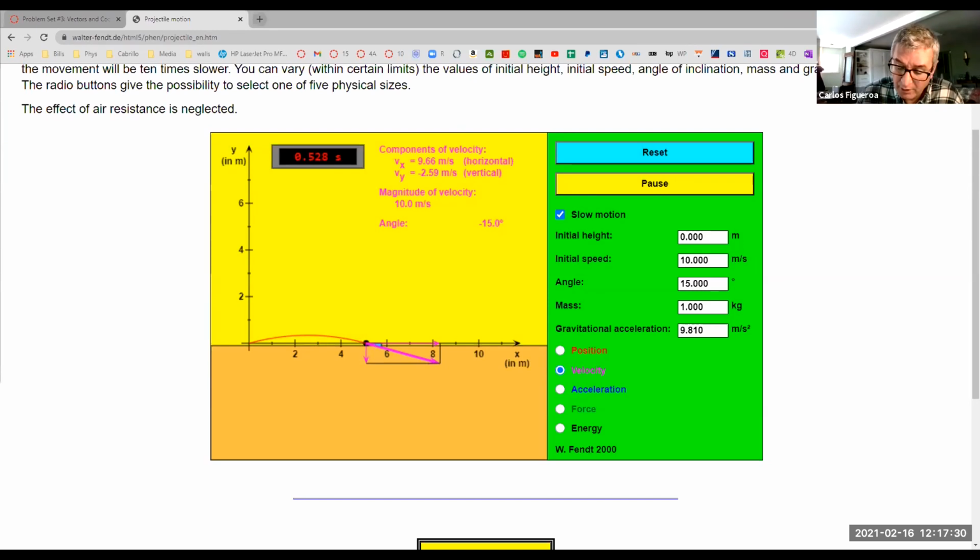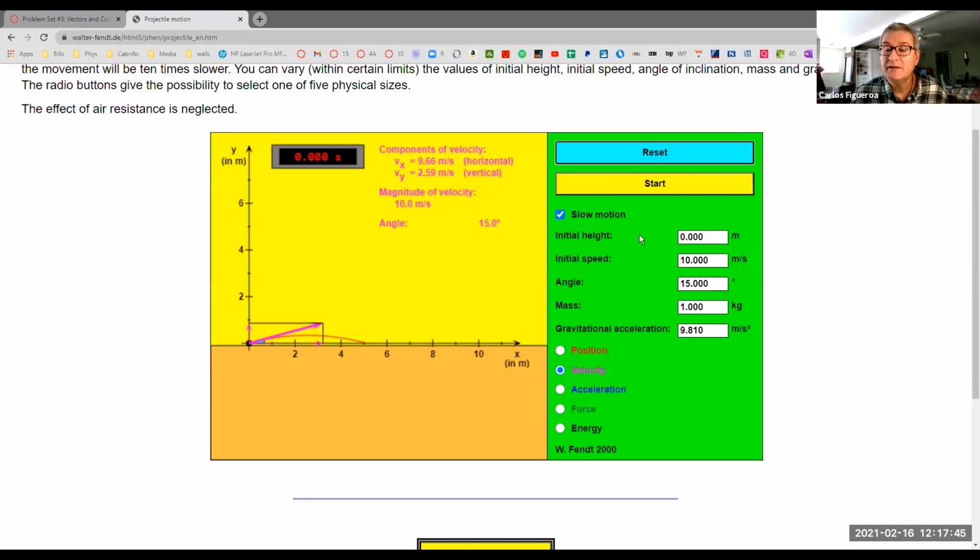So now what we want to do is essentially the same thing, but with the 75-degree angle. I have to reset, sorry. So here's 75 degrees. So here we go.